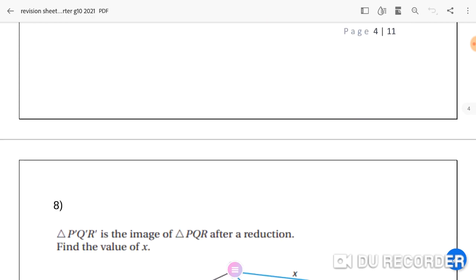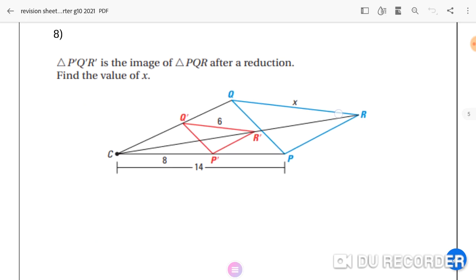Let's go further to question number 8, and question number 8 is about dilation. Here we're given two figures. The first one is the original figure, and the second one is its image after a dilation.